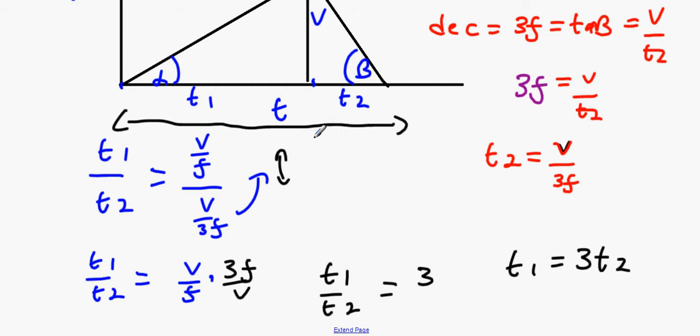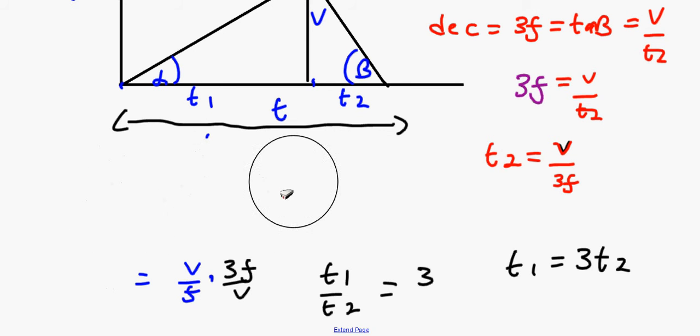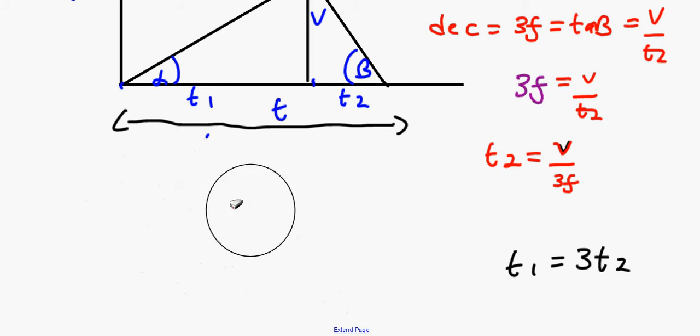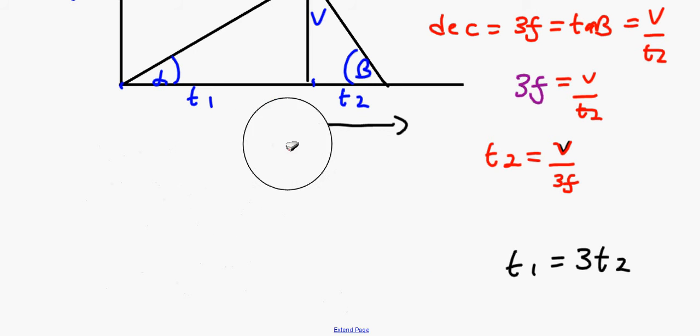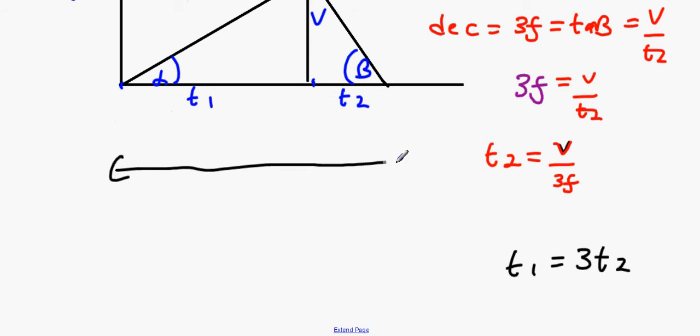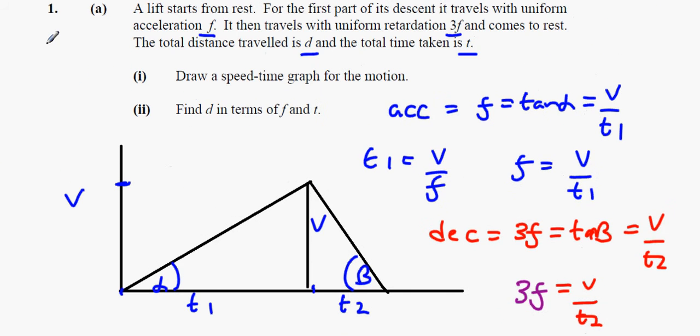is t. I'm just going to rub this out now because I don't need these workings anymore, and keep using my diagram. If you look at the total time, the total time here is capital T. It wants us to find the distance d in terms of f and t.